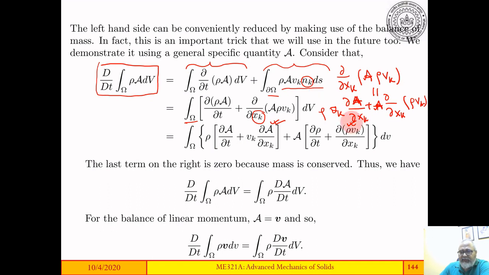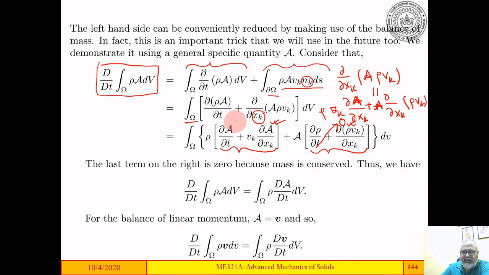The first part is here, the second part is here. If you look at the second part, you will see that this is your balance of mass. This we have already shown is equal to 0, which means this is what we are left with.